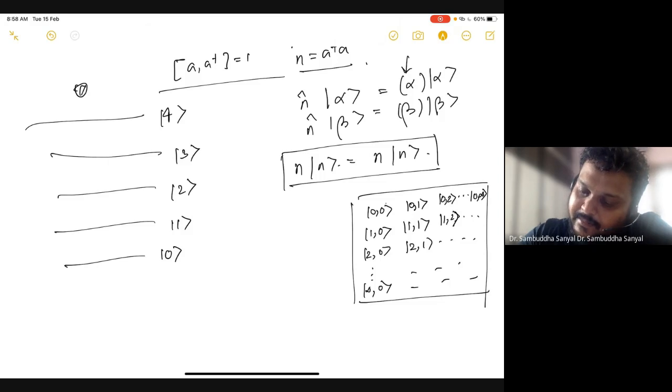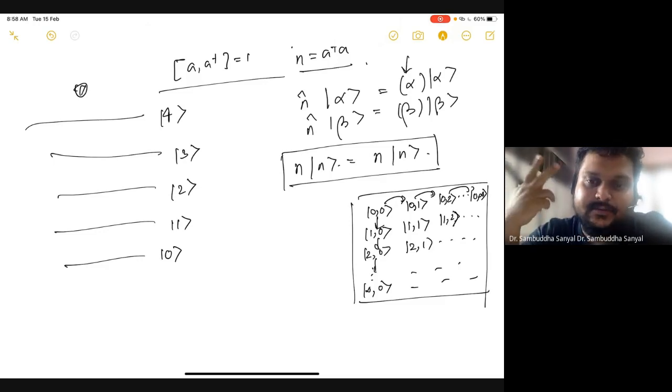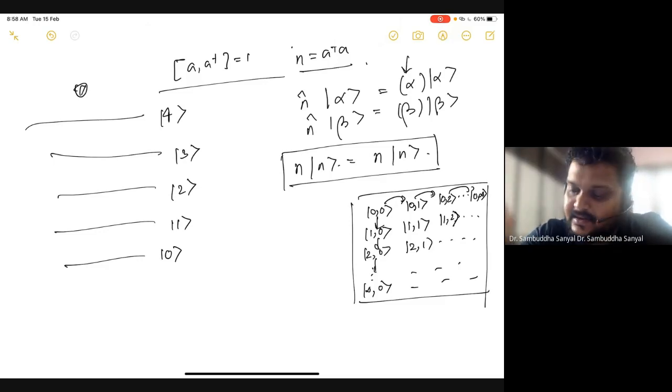So we want something to go from here to here to here. I'm writing only two states, so it's two-dimensional, but for the full Fock space I'll have an infinite dimensional matrix or infinite dimensional lattice. So I want an operator connecting these elements, just like in the harmonic oscillator problem.